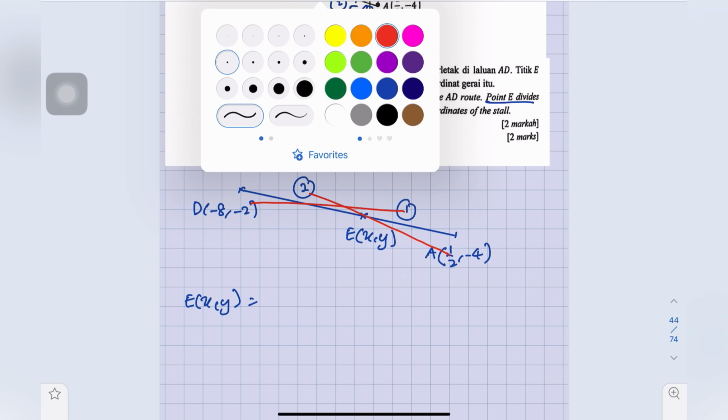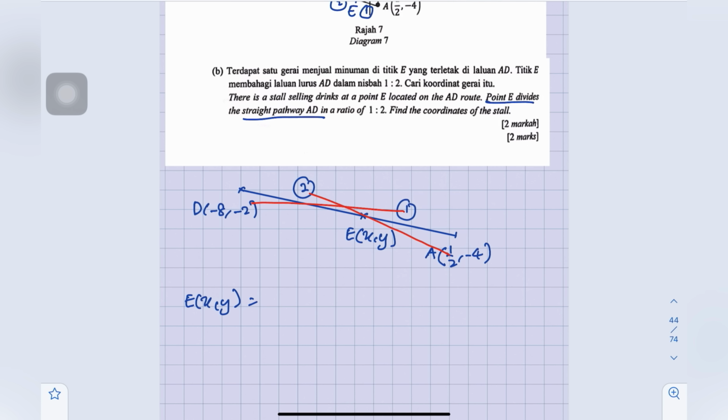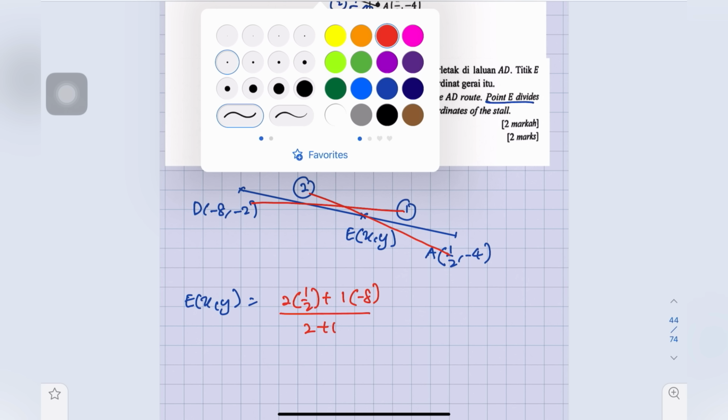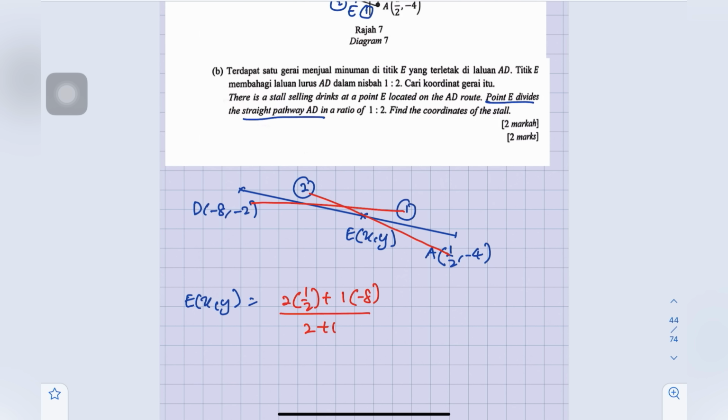So 2 times 1 over 2 plus 1 times negative 8 over 2 plus 1. Then for coordinate Y, cross. So here we got 2 times negative 4 plus 1 times negative 2 divided by 2 plus 1.